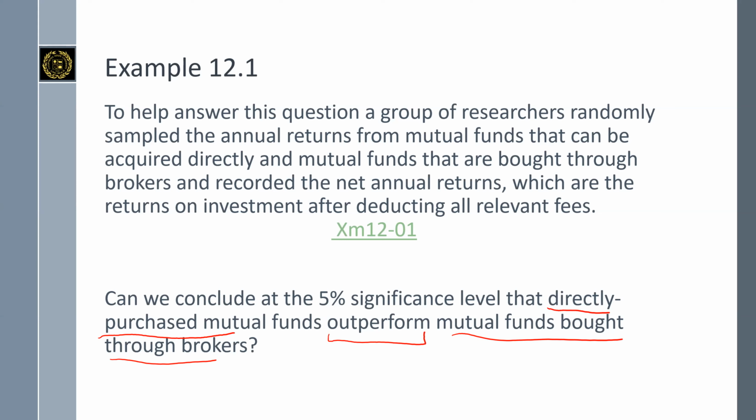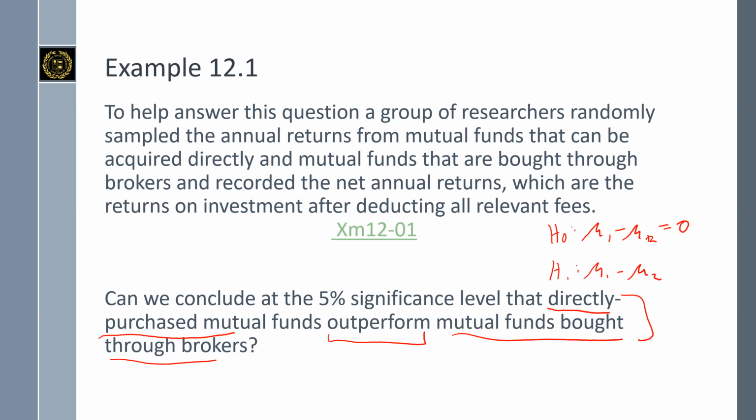So again, you see two samples. We haven't covered a lot of different two samples, so you know it's going to be a two sample t-test. This is how our null and alternative will look. Our null is always going to look like this, meaning there's no difference between buying it yourself or going through a broker. Now, what we want to test, which is in the sentence, is if group 1 outperforms group 2.